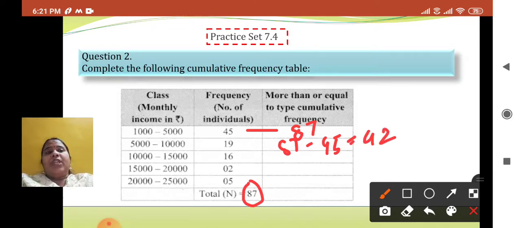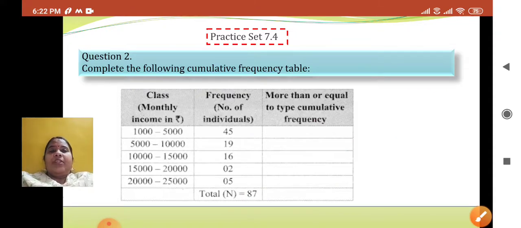Then the next value, how will I get? From this 42 I will subtract 19, right? The answer will be 23. From this 23 I will subtract 16. What will be the answer of the next one? 7. From 7 I will subtract 2. What will be the value? 5. Like this you can calculate and complete the table.